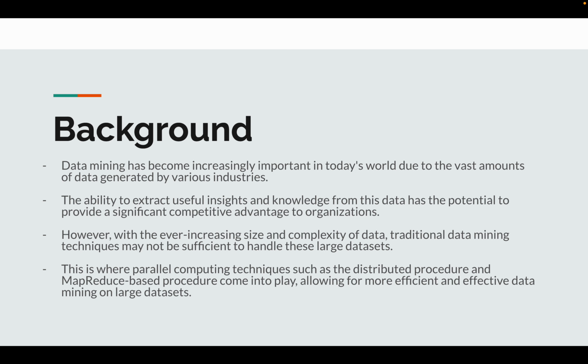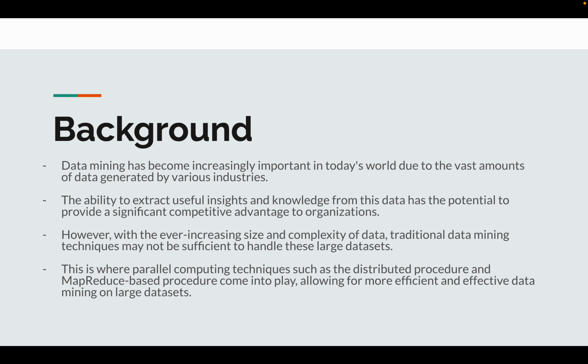But before we dive into the details, let's take a step back and go into some basic concepts and background information. First, let us understand what exactly is data mining. Data mining is the process of discovering patterns and insights from large data sets.